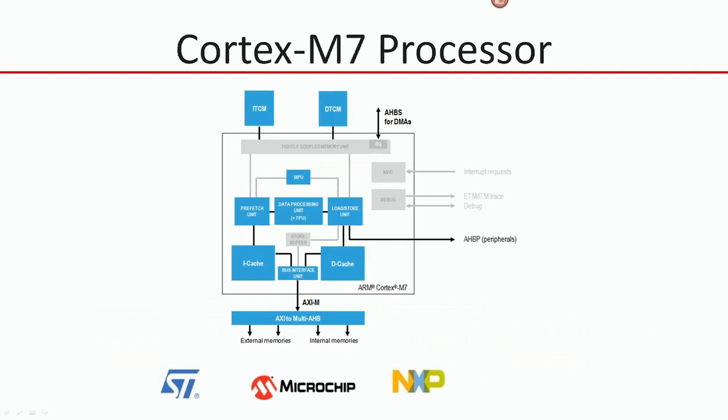So the Cortex-M7 has now been licensed by silicon vendors such as NXP, Microchip and ST, and there is now real silicon available on the market. So the Cortex-M7 really retains the same programmer's model as the earlier Cortex-M devices.